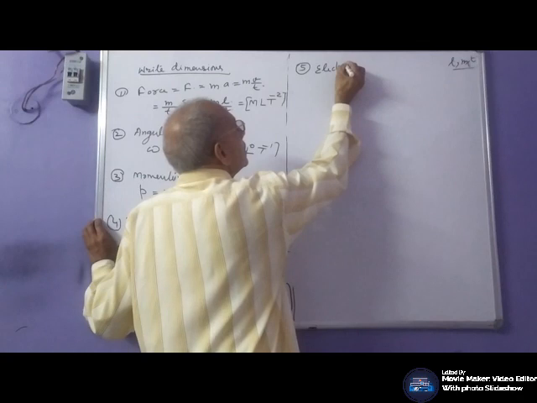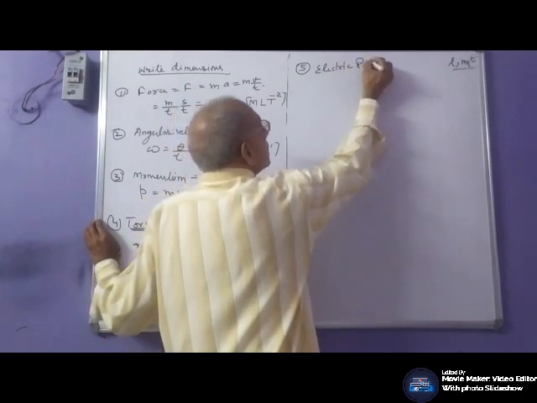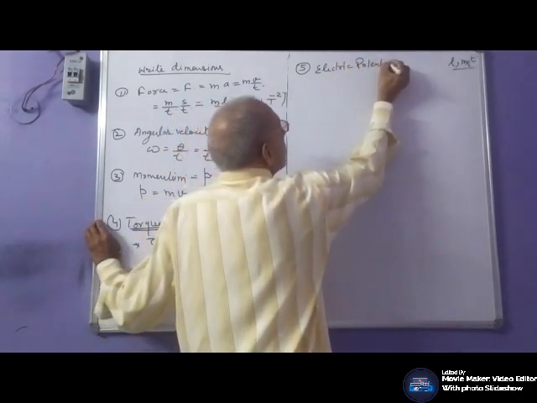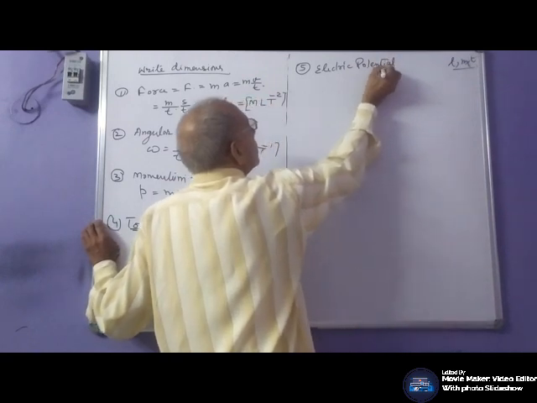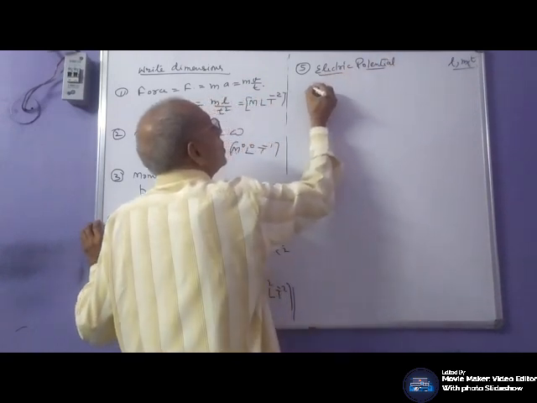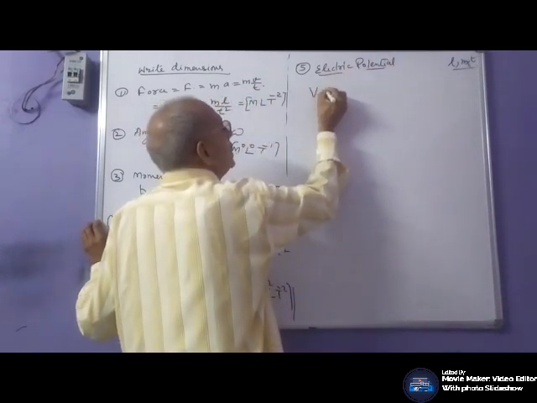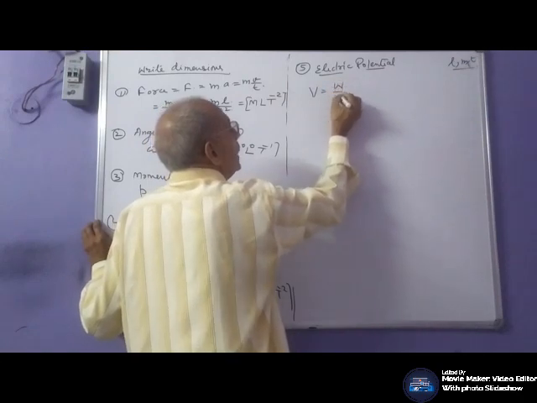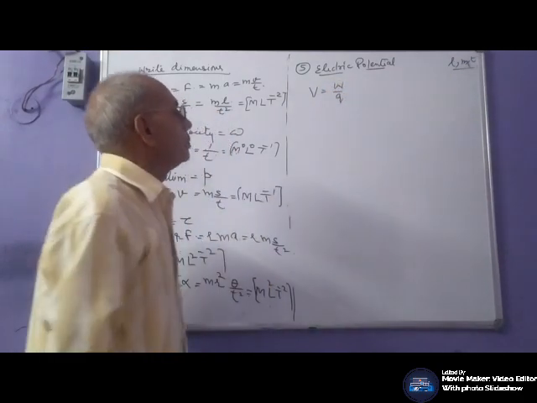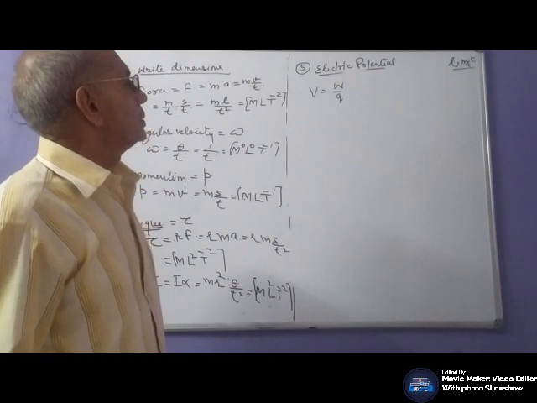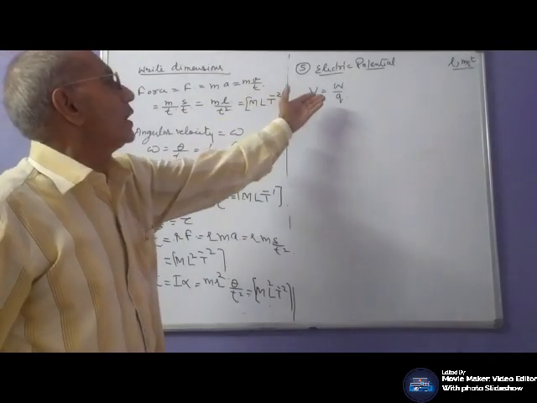Electric potential, capital V, W by Q, work done per unit charge. We have read it in metric.